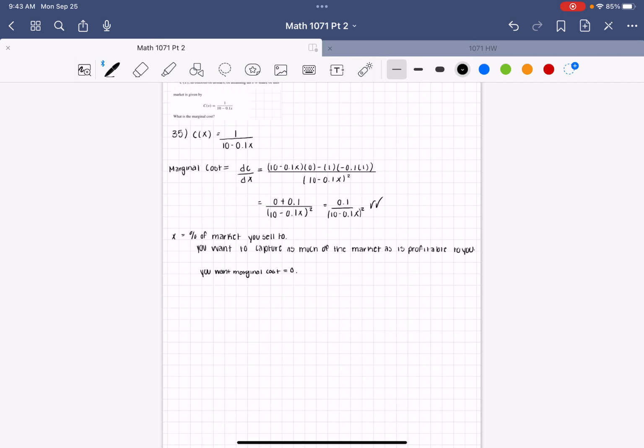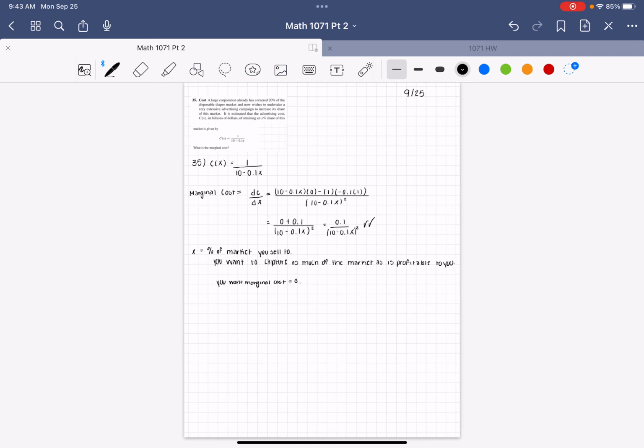So that does 4.2. Now we're looking at 4.3.